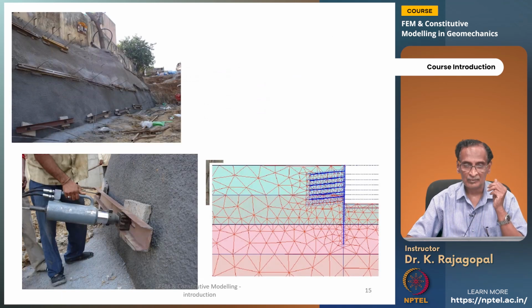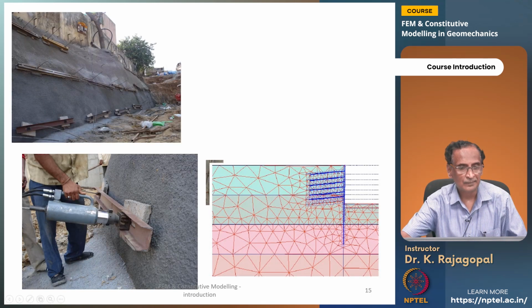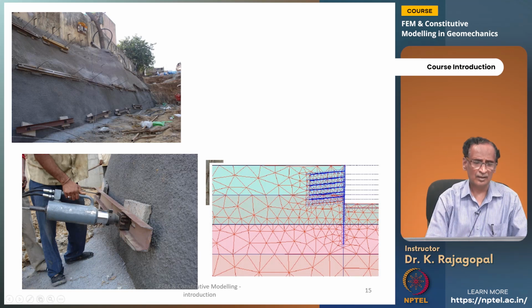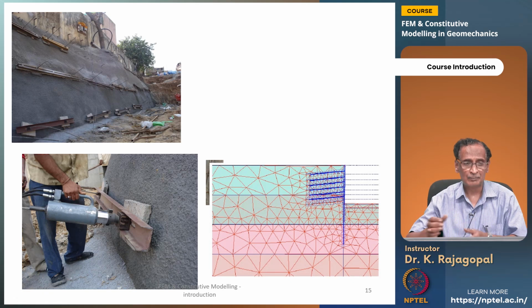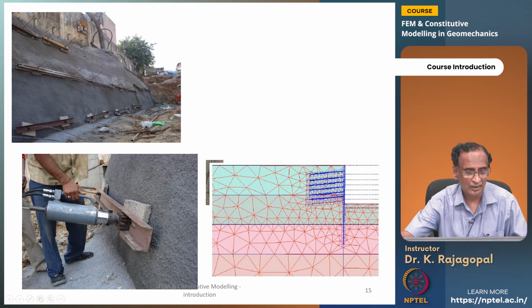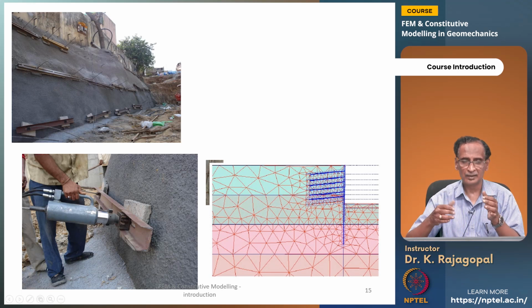So here you see, and the surface itself is protected by spray concrete, and some rows of these nails, they are pre-stressed. And so how do we model this?